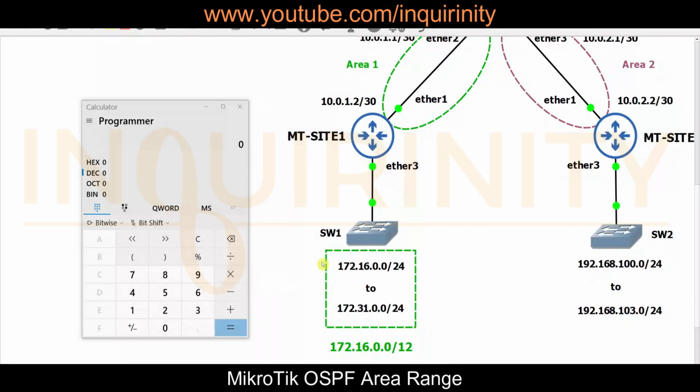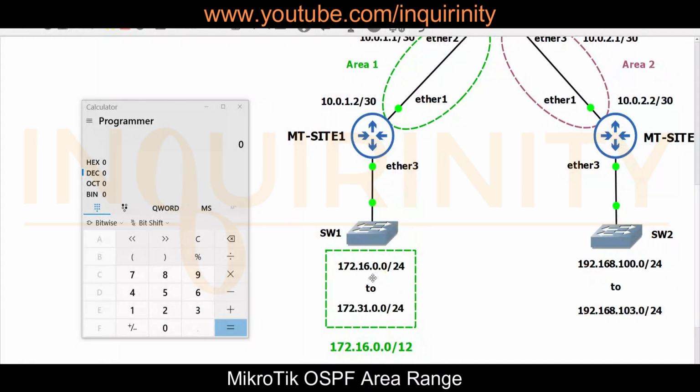But if you want to learn how it is done, of course you can take a shortcut. There are many supernet calculators, so you will find a supernet calculator, not a subnet calculator, because you are trying to summarize them back to one single aggregate subnet.